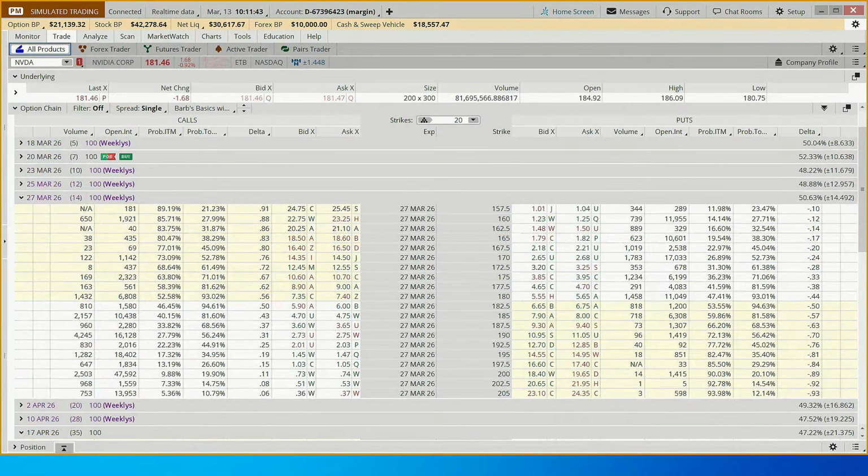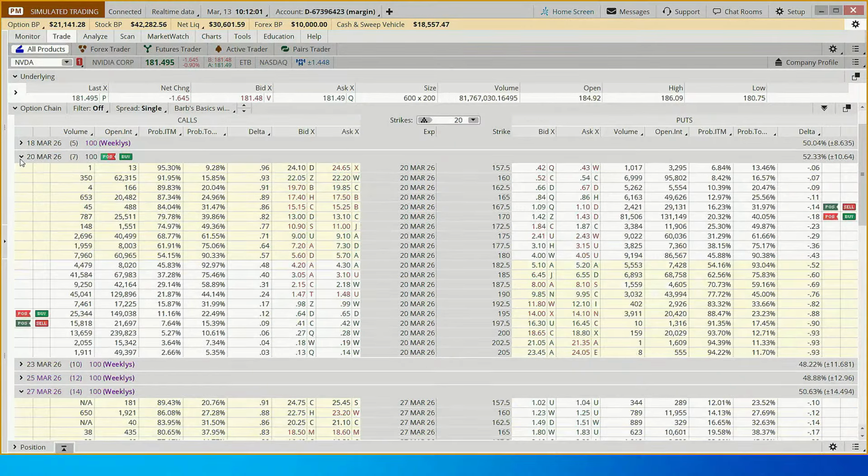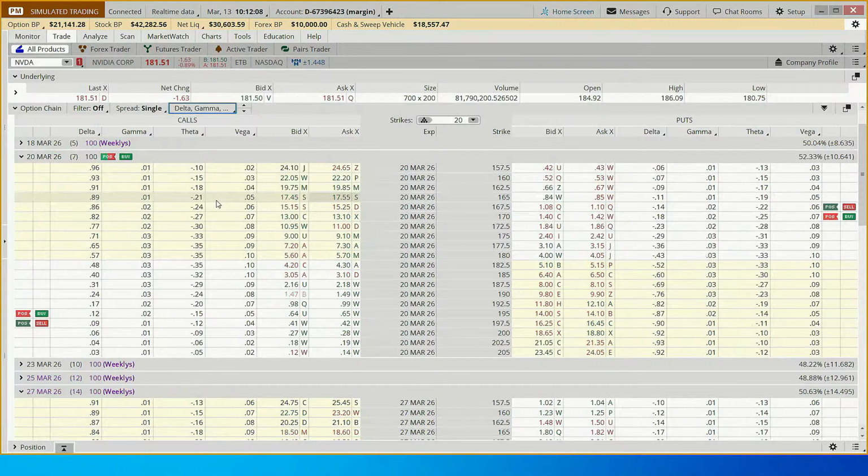Yeah, so somebody's saying, what should I look for to exit? Well, we're looking to exit when we've got 80% of our max gain on each side of the trade. Right now we're a little shy of that. But on Saturday and Sunday, when the markets are closed, time decay is going to continue working. To what extent? Well, if I change this from Barb's Basics to the Greeks, how much should I expect this to go down?